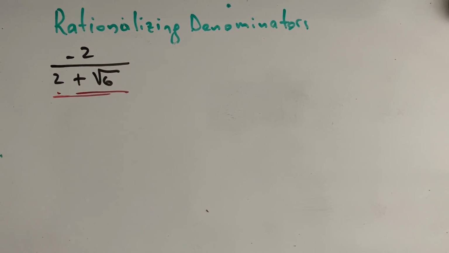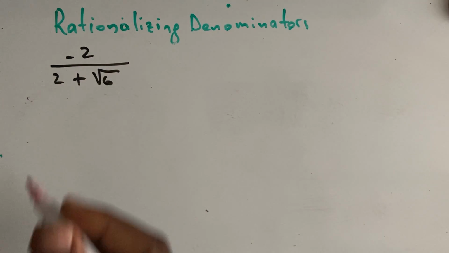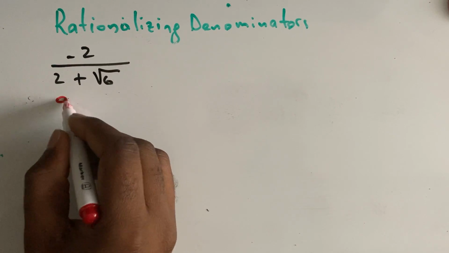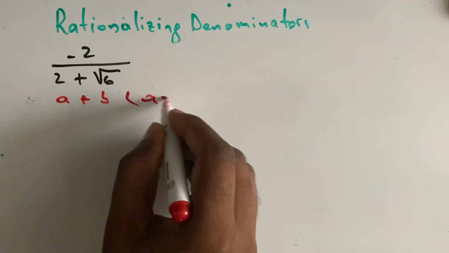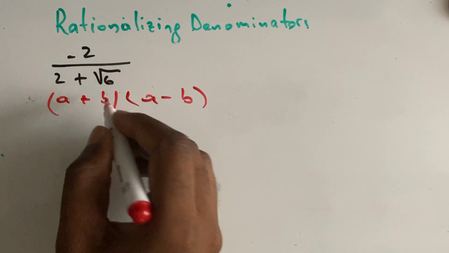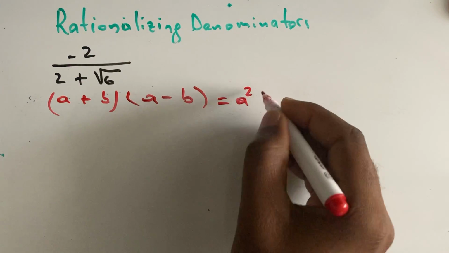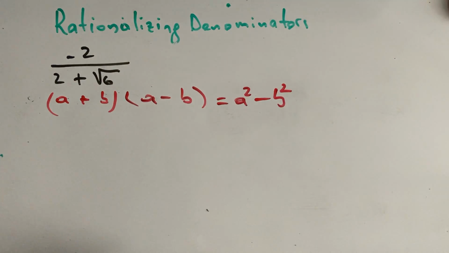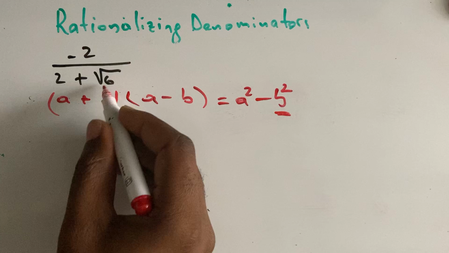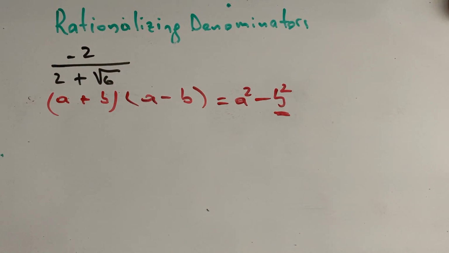So the best thing to do here is to try to remember what we have when we multiply a plus b by a minus b. When we do that, the binomial we'll end up with would be a squared minus b squared, right? And once you square this part here, on the right, it will get rid of the radical. Then you would be fine. You won't have a radical in the denominator, right?